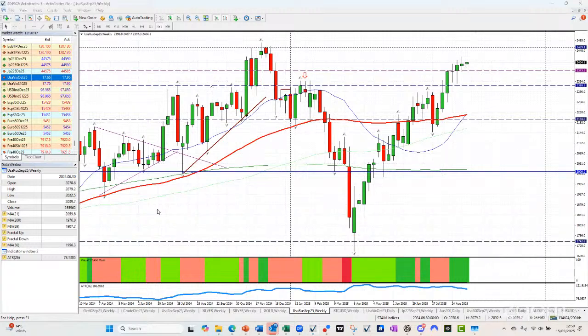Wynn says, reckon we'll get a cut this week at FOMC? Yeah, definitely. It'll be 0.25%. I think 0.25% is basically priced in. There had been a little bit of talk last week after the PPI numbers that they'd go for maybe 0.5%, but I think the CPI numbers removed that.